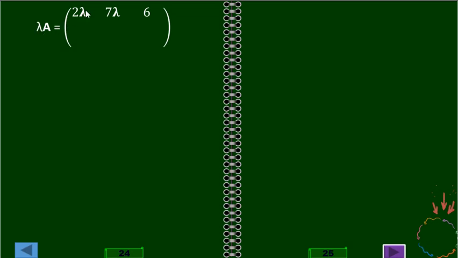So that means every element is multiplied by that lambda. So we continue the multiplication, and then you are going to have this. So this is a scalar multiplication.